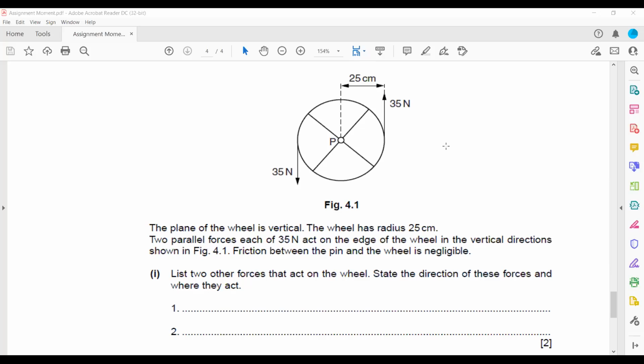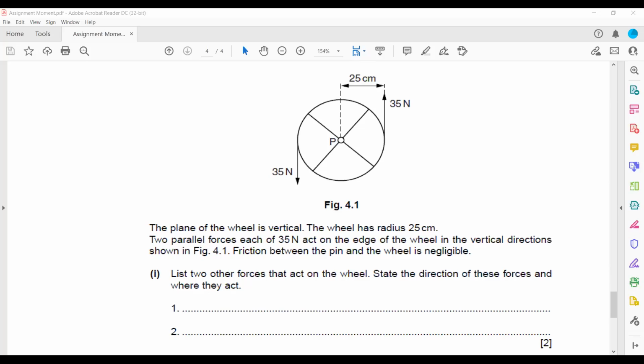Two parallel forces, each of 35 Newtons, act on the edge of the wheel in vertical directions as shown in the figure. The friction between the pin and the wheel is negligible. List two other forces that act on the wheel and state the direction.